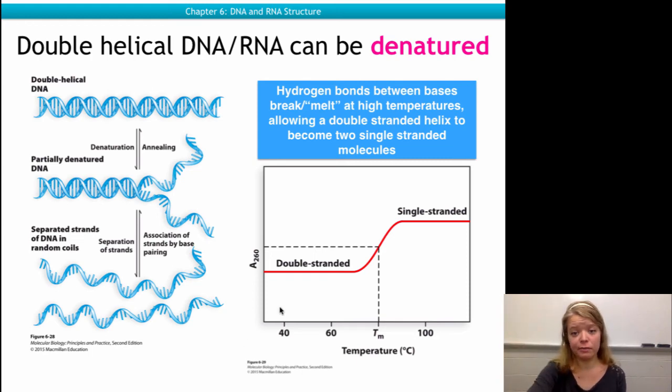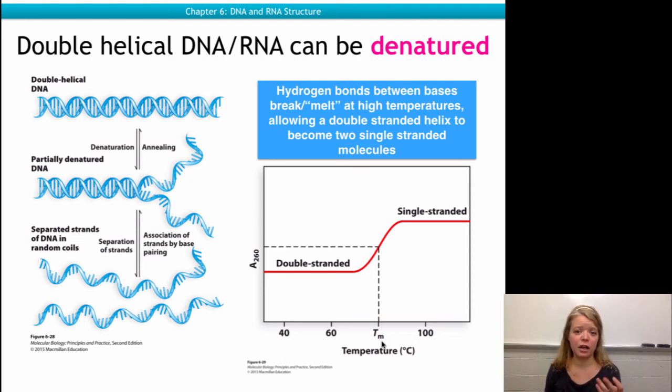It's not a cartoon. So you can see that the double-stranded DNA is converted to single-stranded DNA as the temperature increases here, and at a particular point, just like KD, just like KM, there's also a melting temperature, a standard melting temperature for different types of DNA.